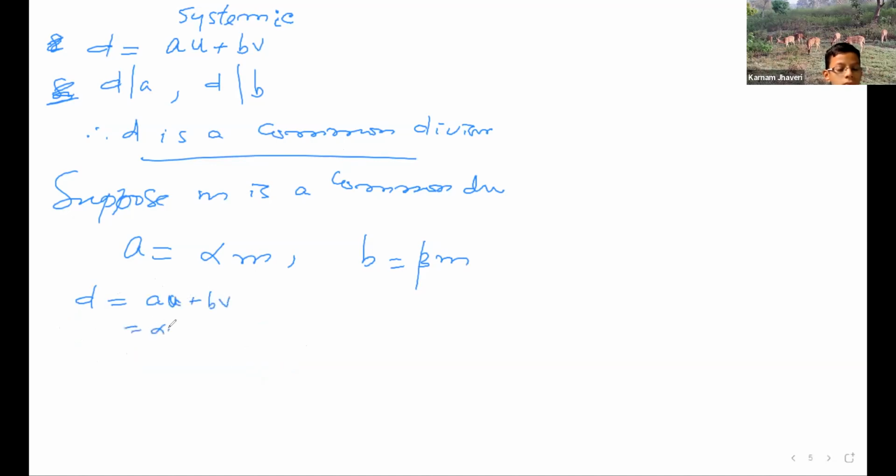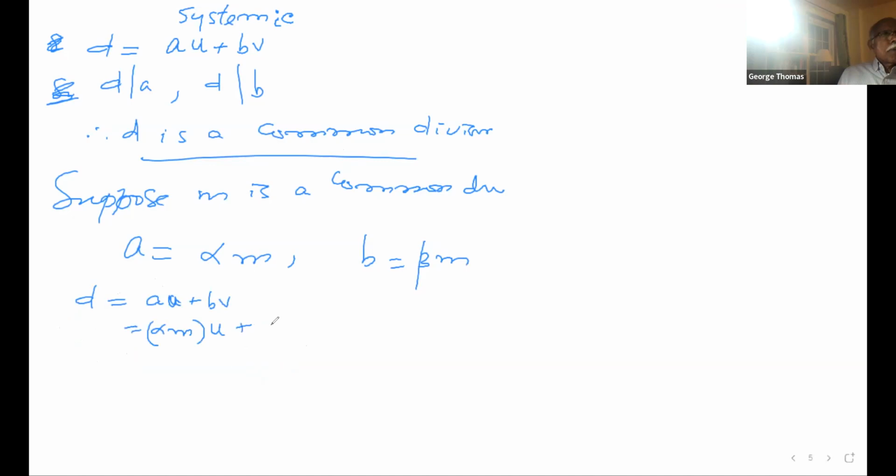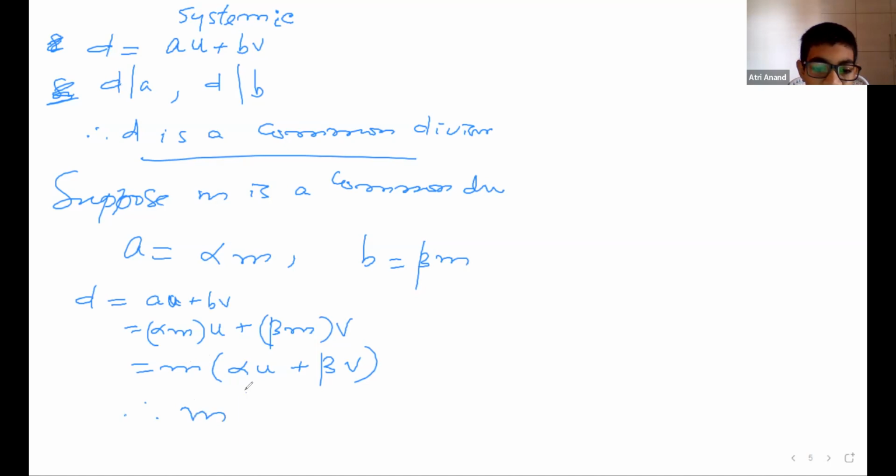That is alpha MU plus beta MV. That is M times alpha U plus beta V. This implies, what is the conclusion? If D equals M times something, what is it saying? M divides D.